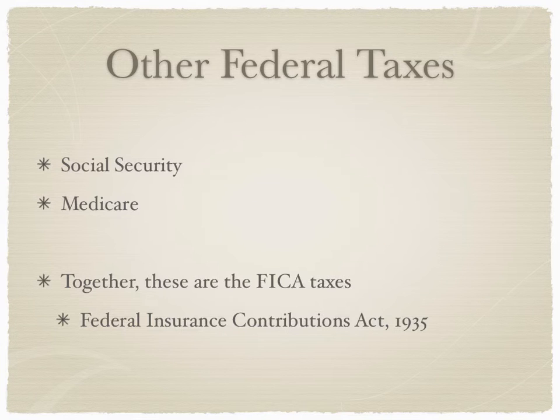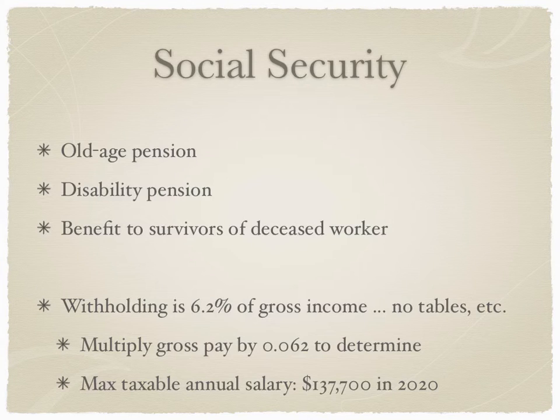A couple of other federal taxes to be aware of: Social Security and Medicare, and together these are called the FICA taxes. FICA, if you are interested, stands for Federal Insurance Contributions Act, and this dates back to 1935. Social Security tax is designed as an old age pension as well as a disability pension.